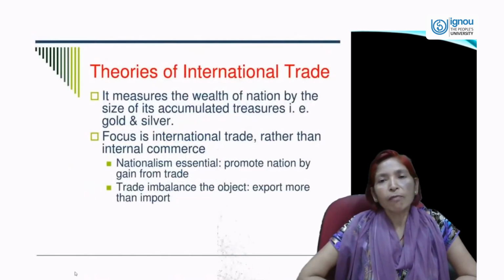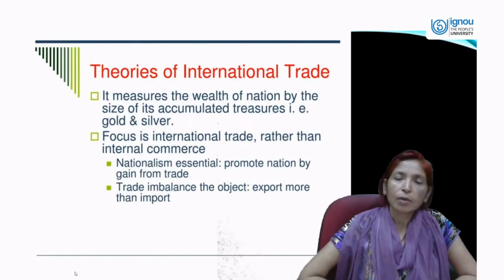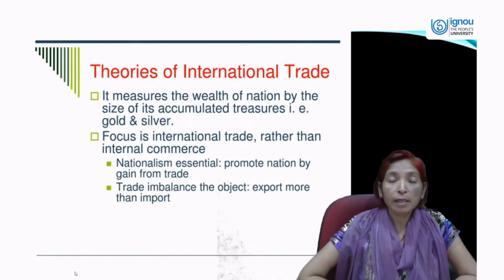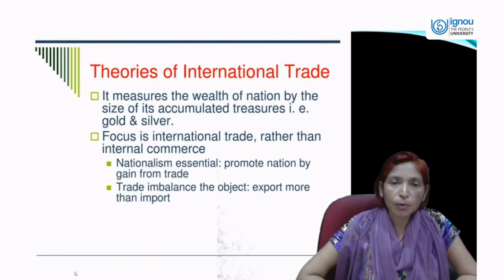It measures the wealth of a nation by the size of its accumulated treasures, like gold and silver. You know that mercantilism theory mainly tells us that each and every country should try to collect more gold and silver by encouraging exports and discouraging imports.